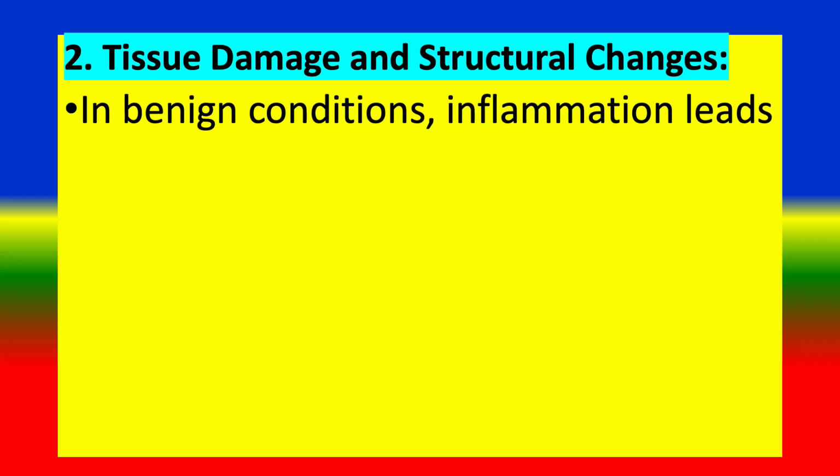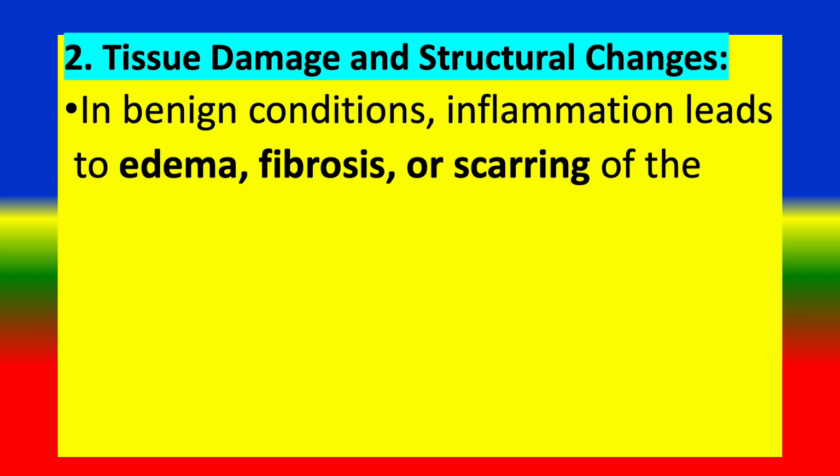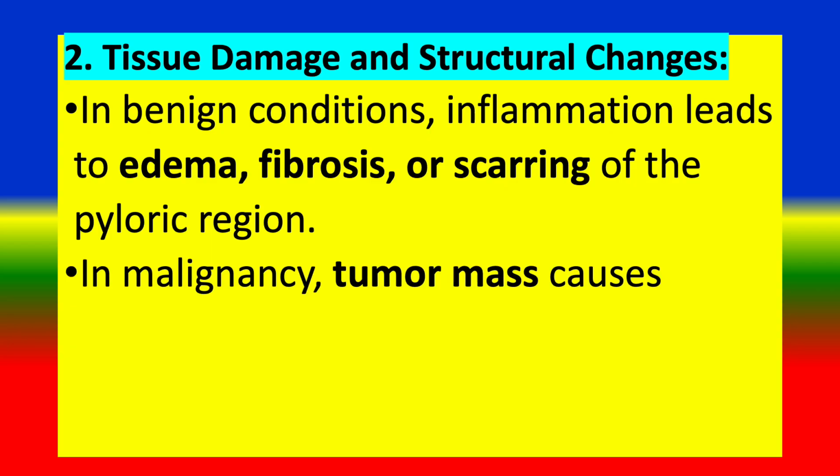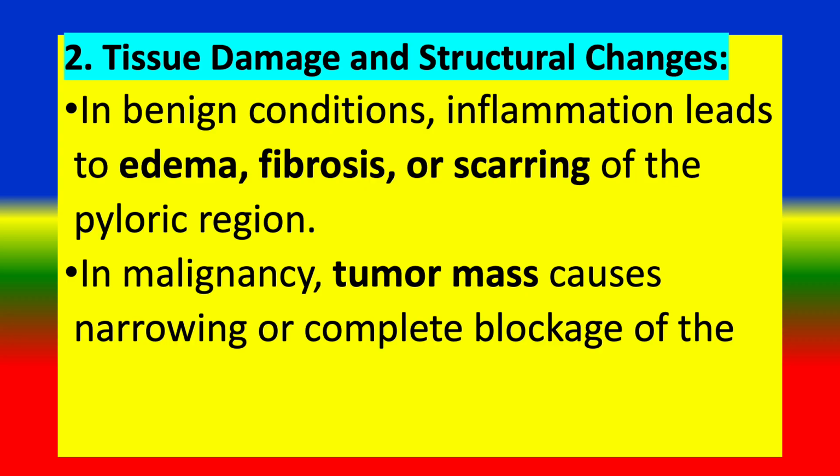In benign conditions, inflammation leads to edema, fibrosis or scarring of the pyloric region. In malignancy, tumor mass causes narrowing or complete blockage of the gastric outlet.